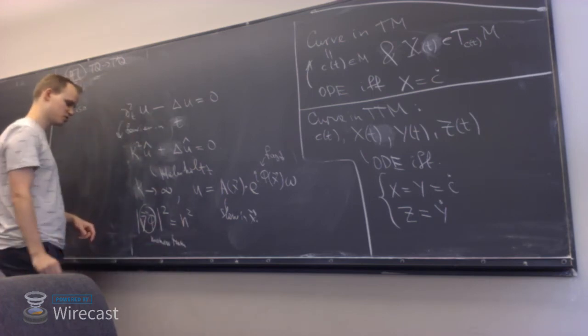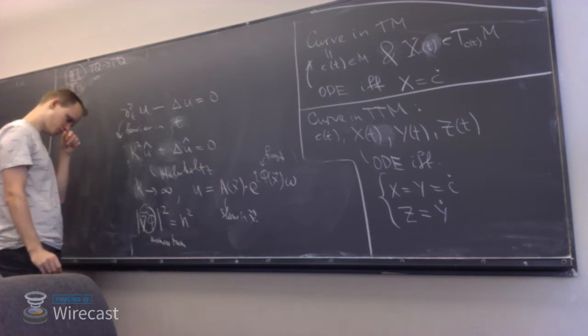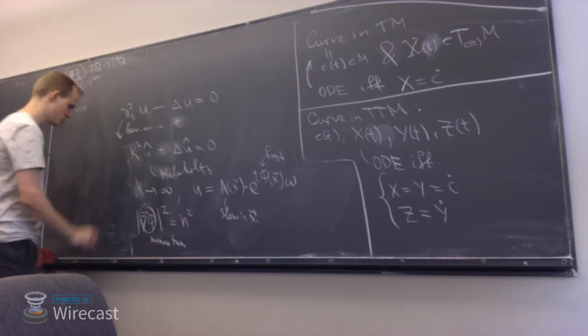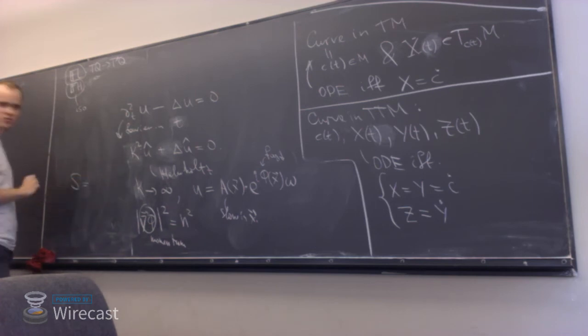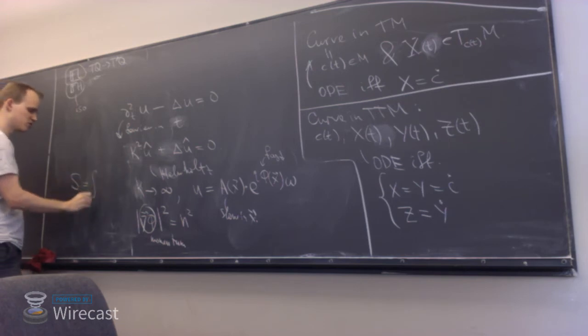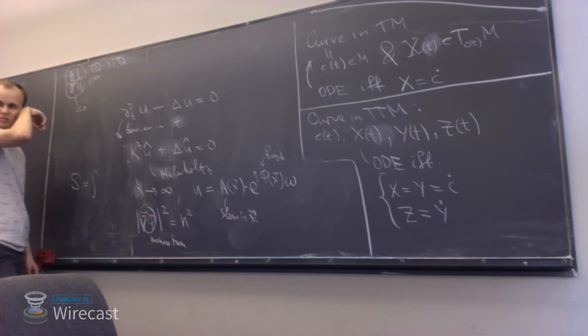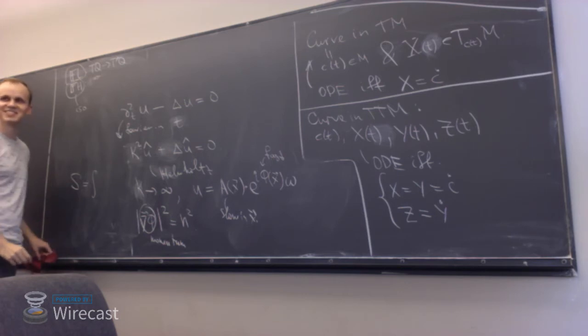And the action, or the Hamilton principal function, as it's called in classical mechanics, is just the Eikonal, which is the optical path length.